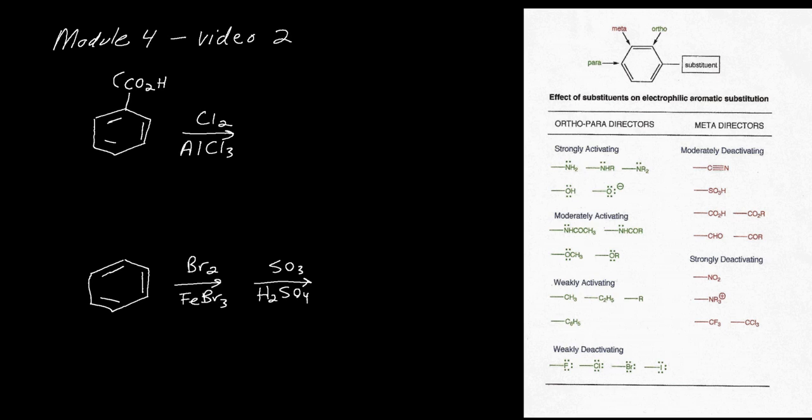Of course, CO2H is the same as C double bond O, OH, that's a given. And we look over at the chart, and that clearly shows it to be a moderately deactivating meta director.